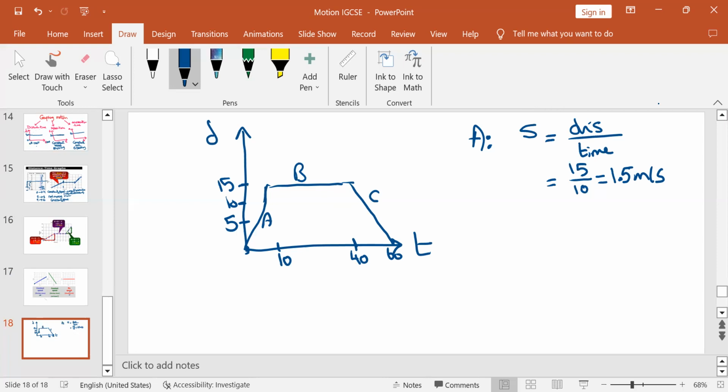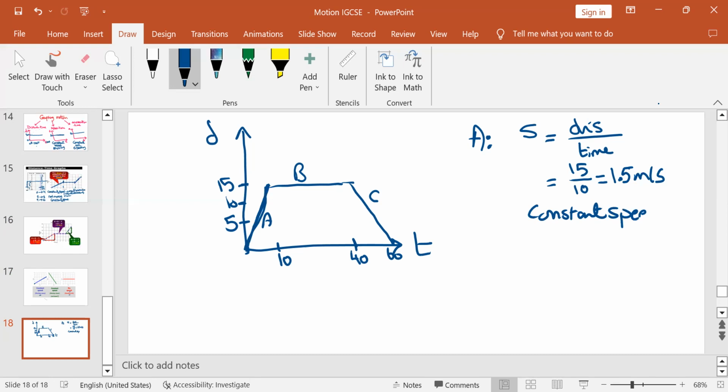Okay? Can you describe, is there a difference between calculating the speed and describing the motion of the object? Can you describe the motion of the object? Is it moving with a constant speed? Is it not moving? It is moving with a constant speed, right?